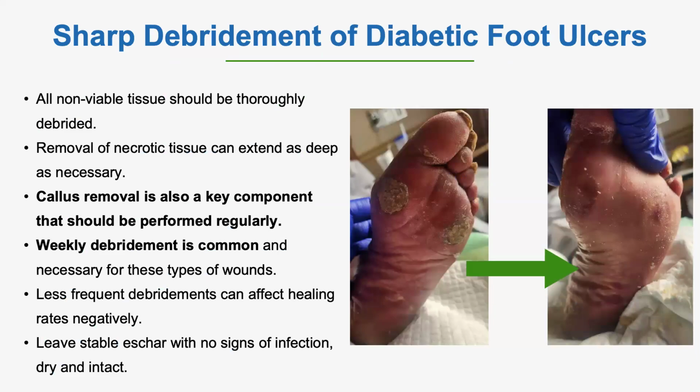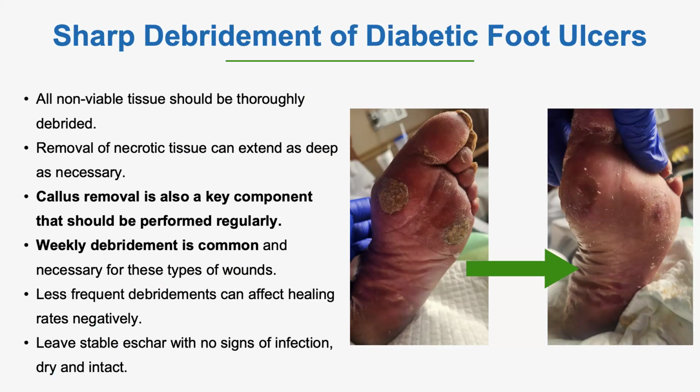In diabetic foot ulcers, you'll see us frequently debriding these wounds on a weekly basis. All non-viable tissue should be thoroughly debrided until you get to a bleeding wound bed, as deep as needed. Patients with diabetes and sensory neuropathy tend to develop calluses on the plantar aspect of their foot, so you should excise these regularly.